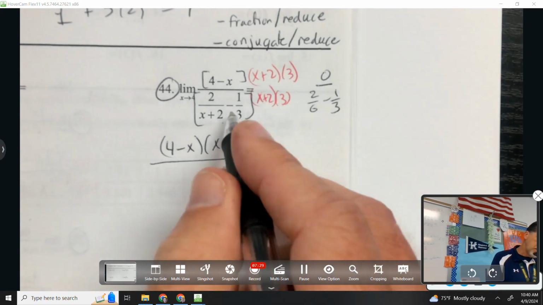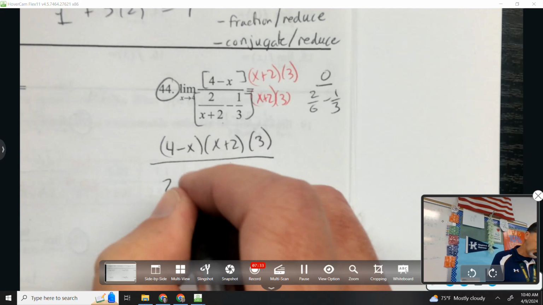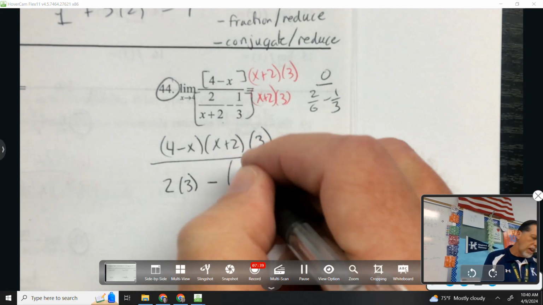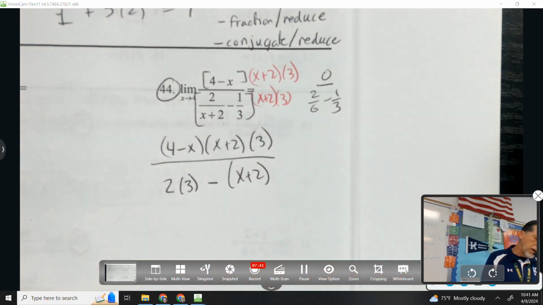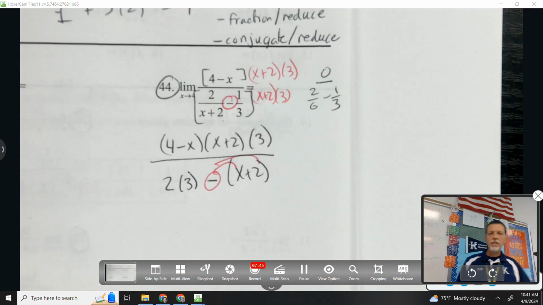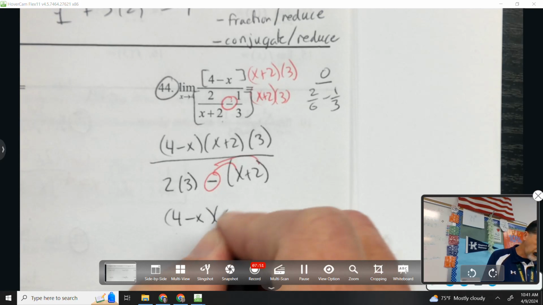In the bottom, the first term, the x plus 2 cancels, and that leaves 2 times 3. And on the second term, the 3's cancel, and that leaves x plus 2. But let's be super careful that that minus sign goes to both the x and the 2. So 4 minus x, x plus 2, and 3.